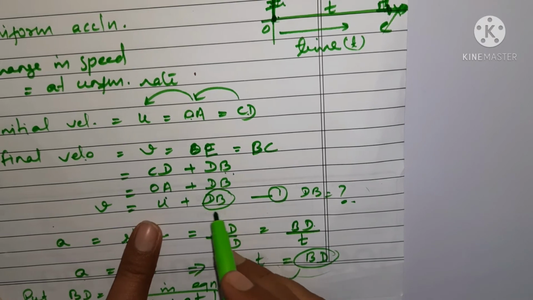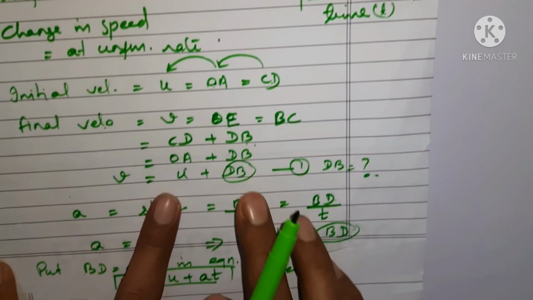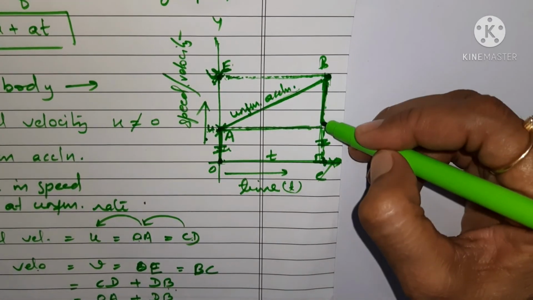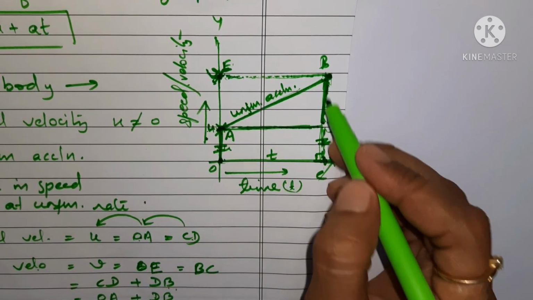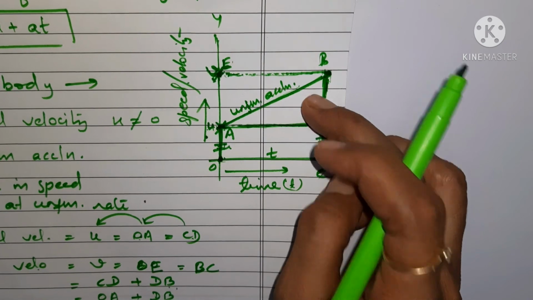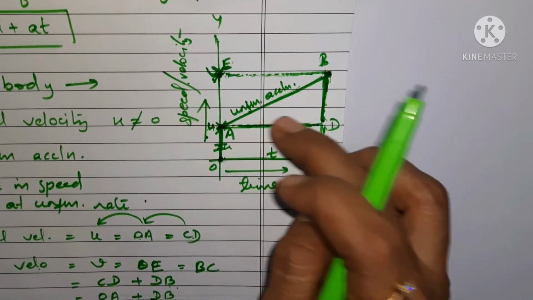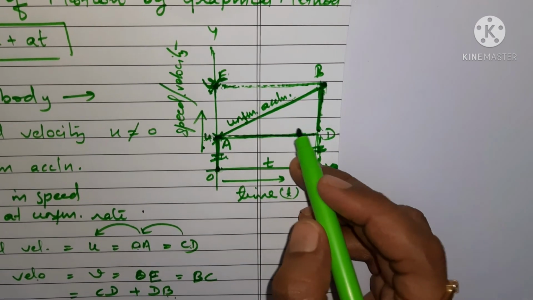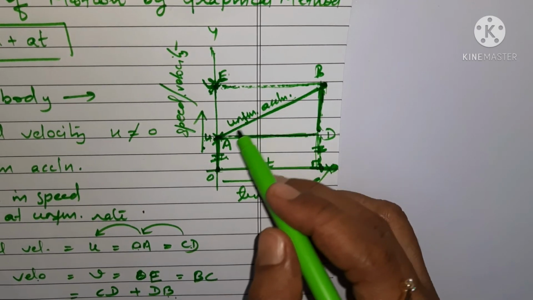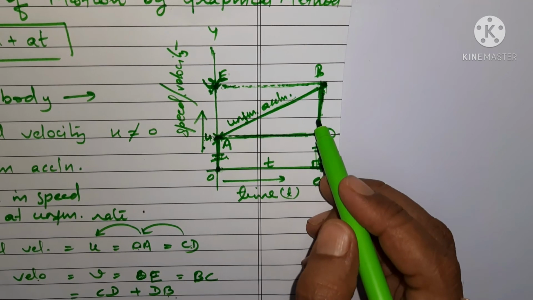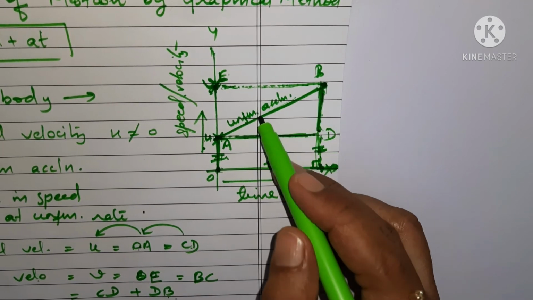Now we have to find the value of DB here. So this is DB. From this triangle, what we have concluded from the graph is that this triangle is going to give you the uniform acceleration. With the help of this graph you can find out the acceleration.